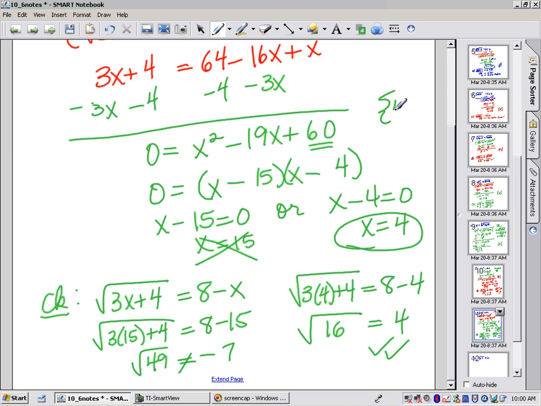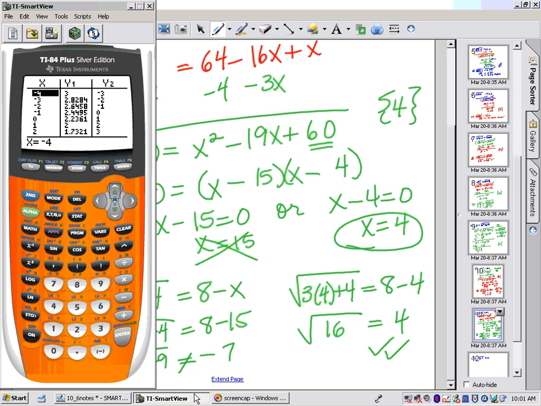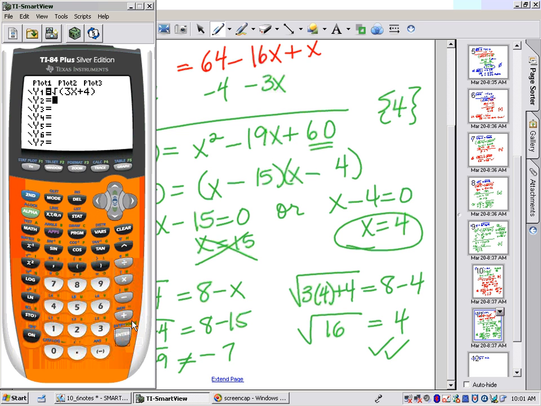And again, we could see that graphically. We go to the calculator, go back to tools, and clear this out. In y1, we would enter the square root of 3x plus 4, close parentheses, and enter. And then we would enter 8 minus x in y2.